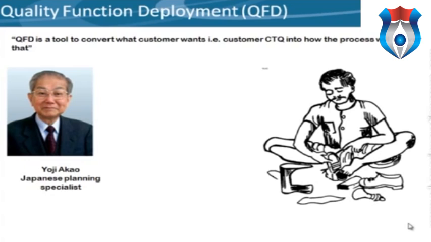Mr. Akao, in most of his speeches, used to say that there was a time when a man could order a pair of shoes directly from the cobbler. By measuring the foot himself and personally handling all aspects of manufacturing, the cobbler could assure the customer would be satisfied. But in today's scenario, the situation is different.